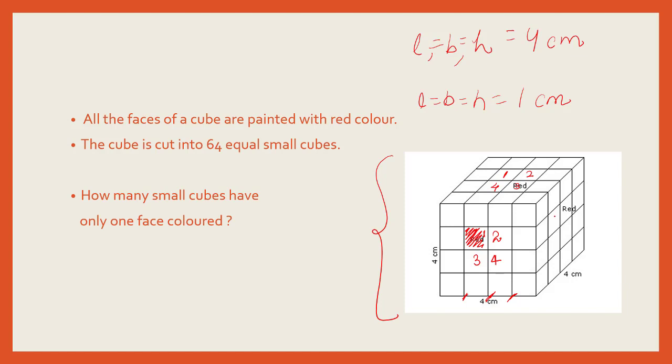Similarly, on the right hand side, the face that is being visible to us, again we can see there are 4 cubes which have only one face visible. Now here we can make a conclusion that on each face of this cube we are finding 4 smaller cubes which have only one face color.